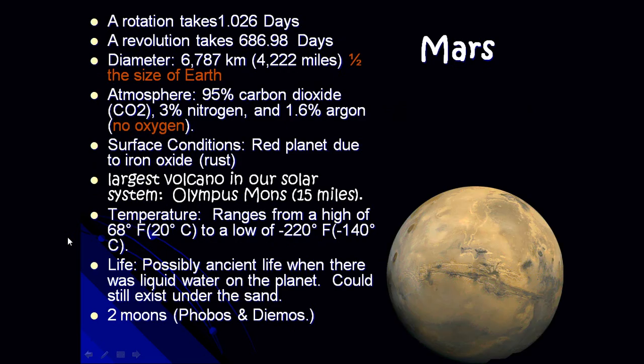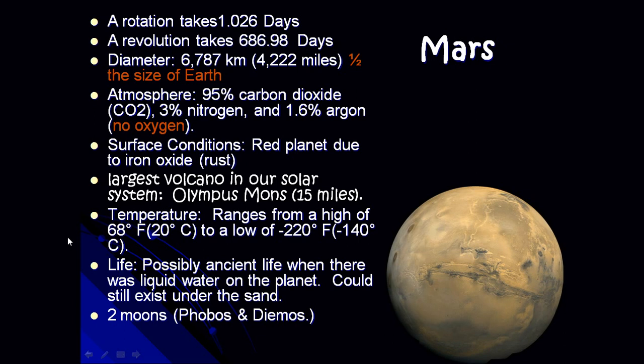Moving on, Mars. Now, Mars takes about 1 day to rotate. Its revolution takes 686 days. The diameter is 6,787 kilometers, or 4,222 miles, which is half the size of Earth.